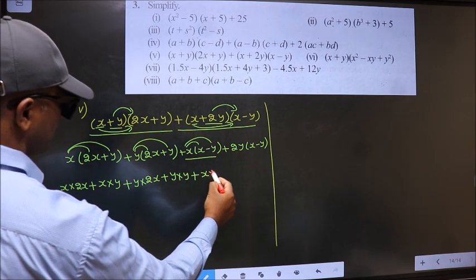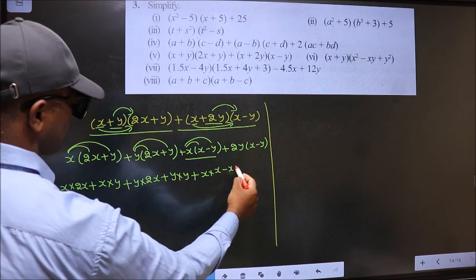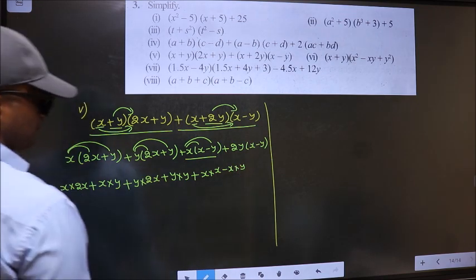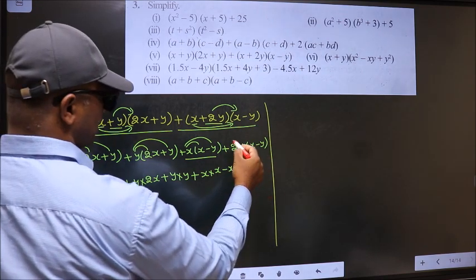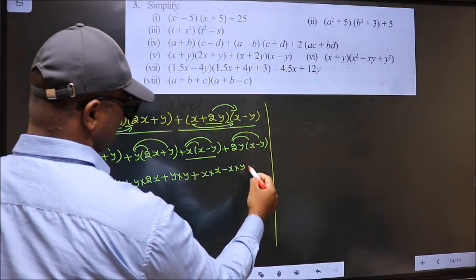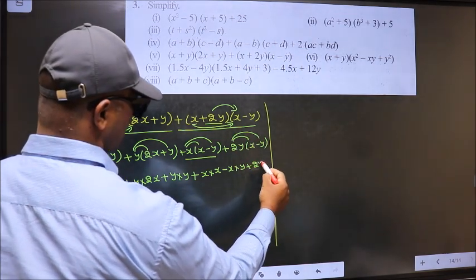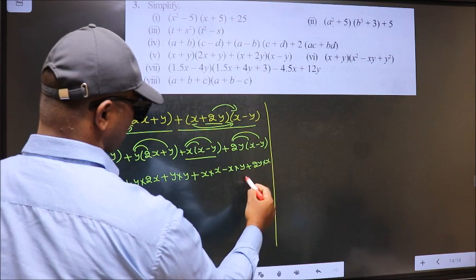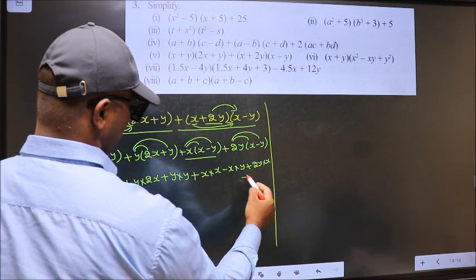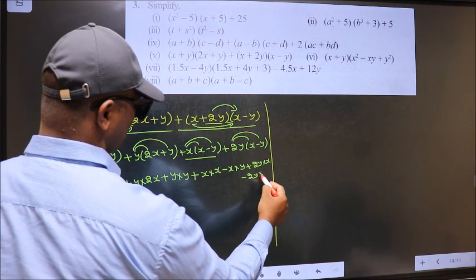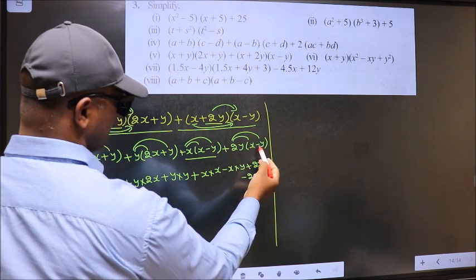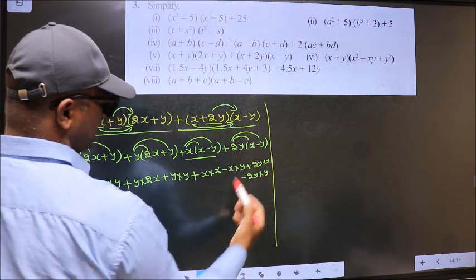You get x into x minus x into y. Now even over here you open up the brackets. You get plus 2y into x plus minus 2y into y. Plus into minus, minus, so 2y into y.